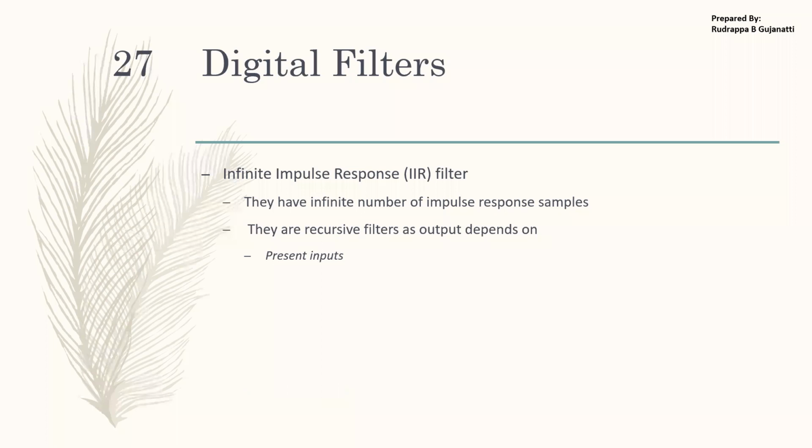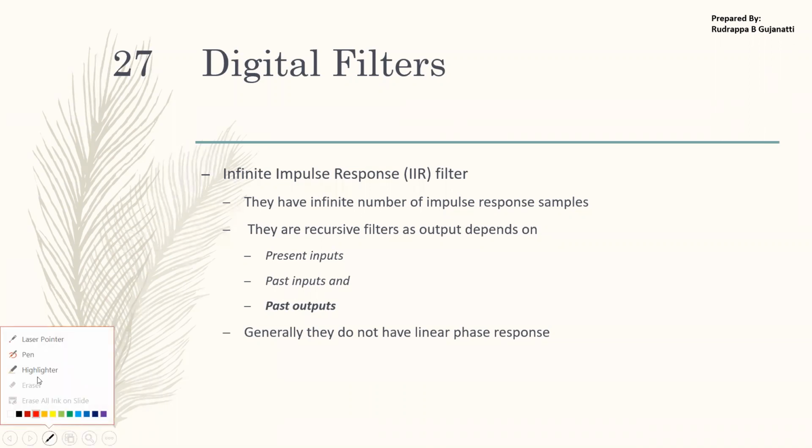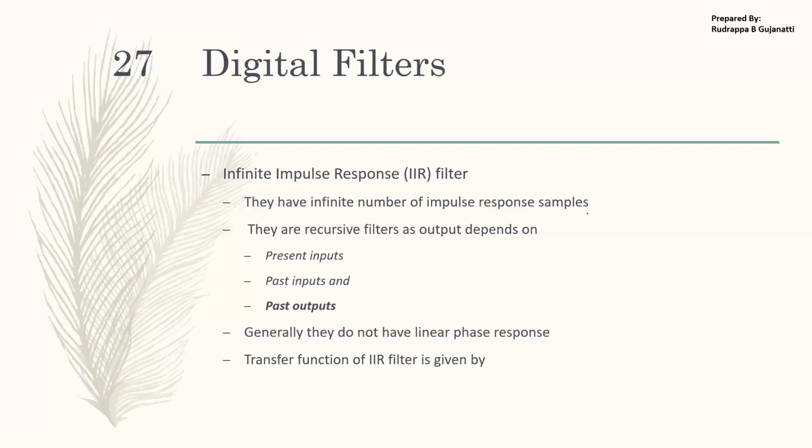The output is dependent on present input, past inputs, and the past outputs. Because it is dependent on the past output, we term it to be recursive, and an infinite number of impulse response samples will be present in an IIR filter, and they generally don't have the linear phase response that we had seen or observed in FIR filter.